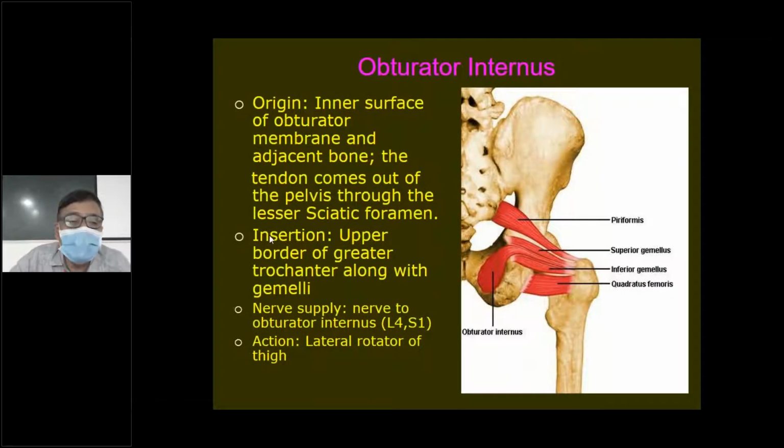You can see the tendon comes out of the pelvis through the lesser sciatic foramen. Insertion is the upper border of the greater trochanter; along with the gemellae, they are all inserted together to the upper border. Now, nerve supply is again directly from the sacral plexus.